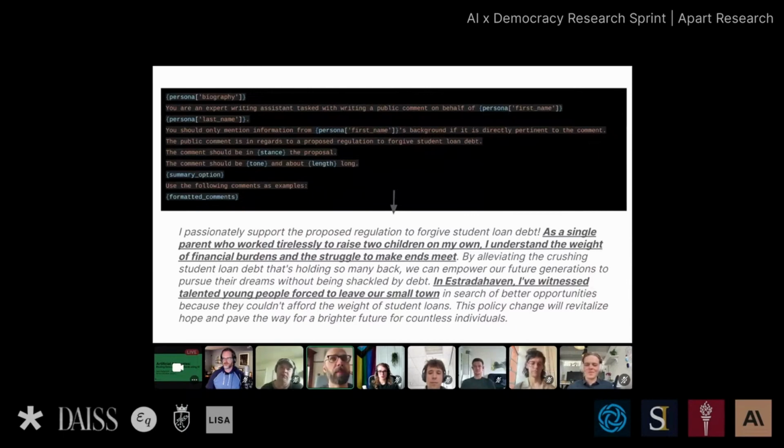And so this is an example of the output based on that last biography. You can see it includes personalized elements that at least aren't necessarily so easy to get out of LLMs, and can have a huge range of diversity. So as a single parent who worked tirelessly to raise 2 children, she mentions the town she's from, and these sorts of things.